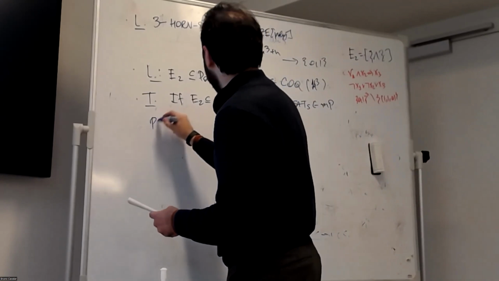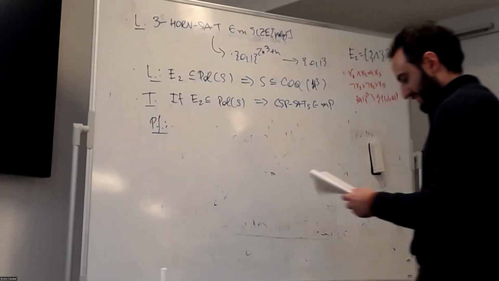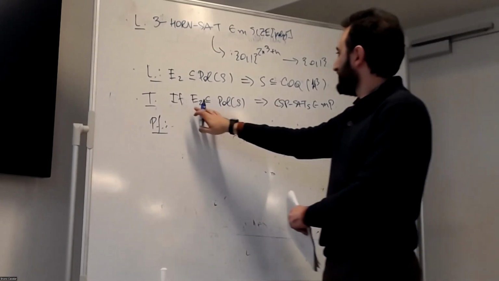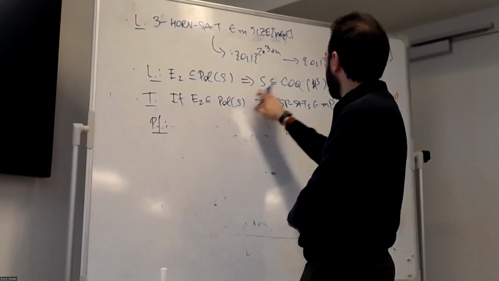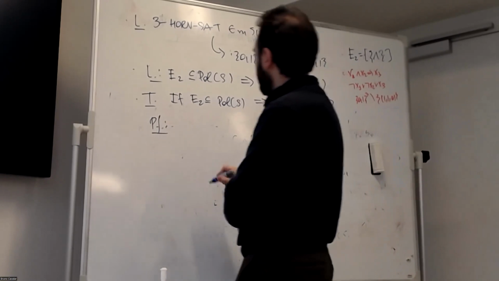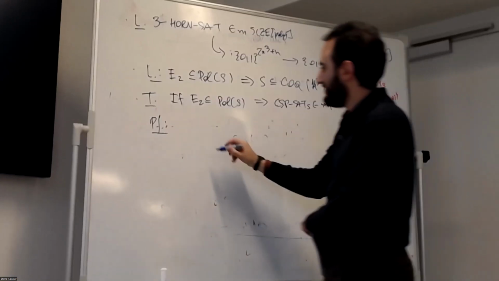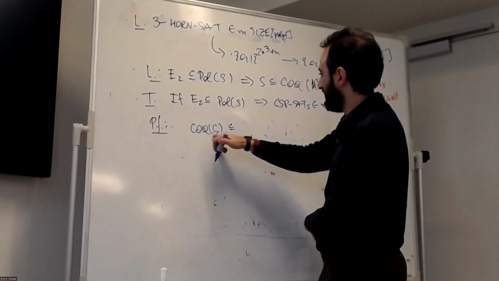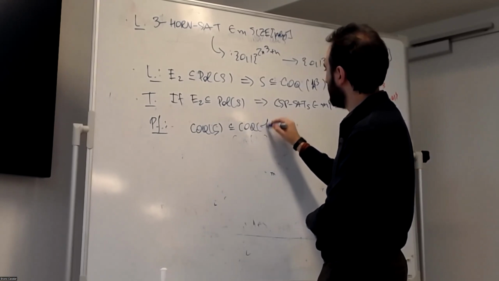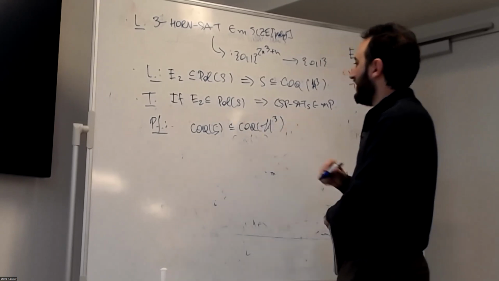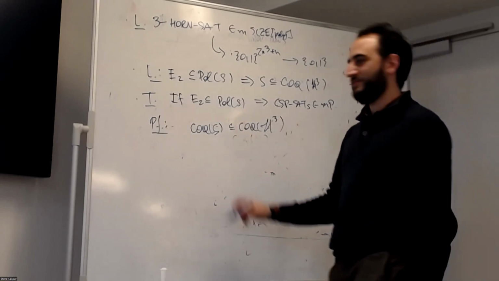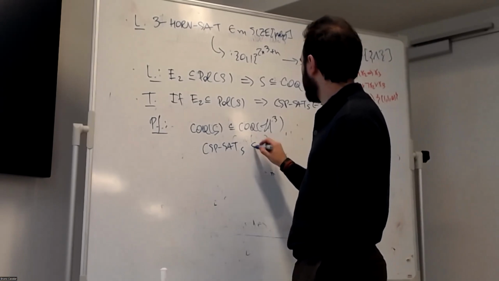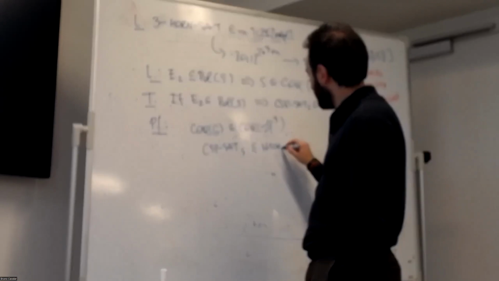All right, so how do we finish this? Let's suppose E2 is in the polymorphisms of S. Then, because as I said, this is idempotent and monotone, we get conjunctive queries of S, and then conjunctive queries of H3. Then I just reduce the CSP of S to Horn.